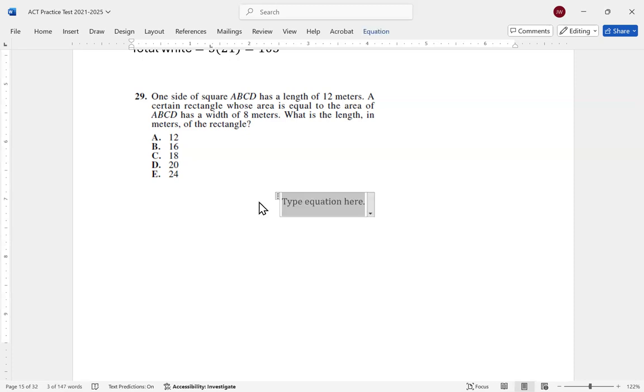So first off, the area of a square is just two sides multiplied times themselves. Since each side is length 12, it's going to be 12 times 12, or 12 squared, which is 144 square meters.